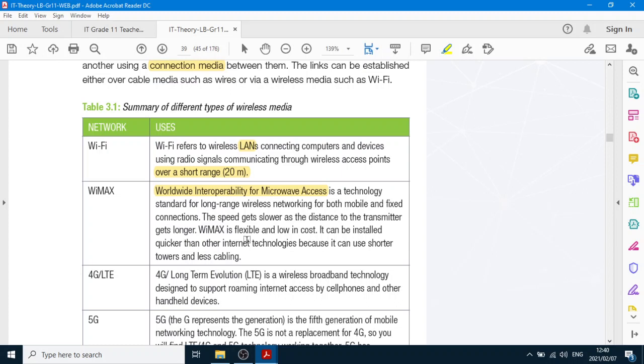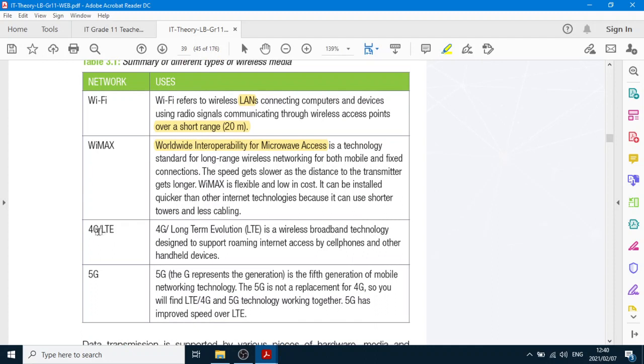Obviously the speed gets slower as the distance to the transmitter gets longer. It's flexible and low in cost and can be installed quicker than other internet technologies because it uses shorter towers and less cabling. Then 4G LTE, 4G 4th generation, and then LTE stands for long-term evolution.